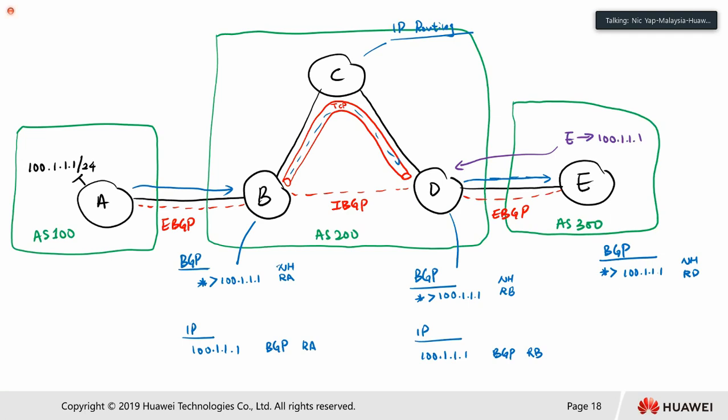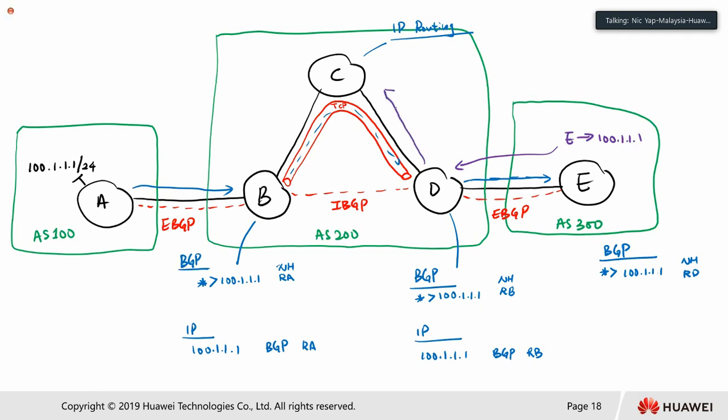The BGP table is just to advertise and learn routes. So router D knows how to go to 100.1.1.1: the BGP next hop is router B, so it sends to router C. This is the physical way.